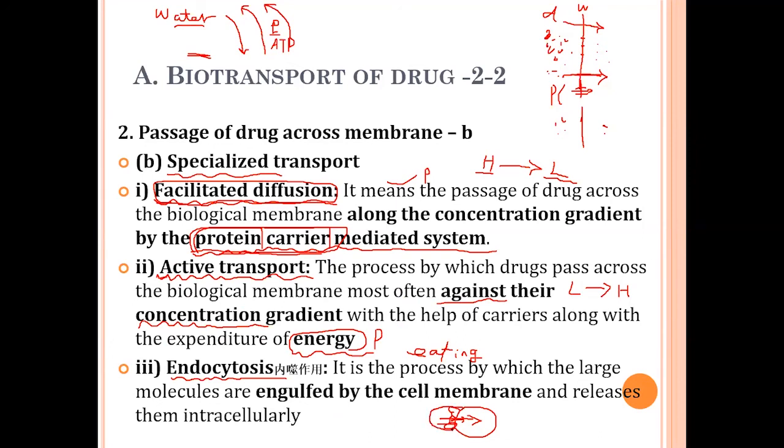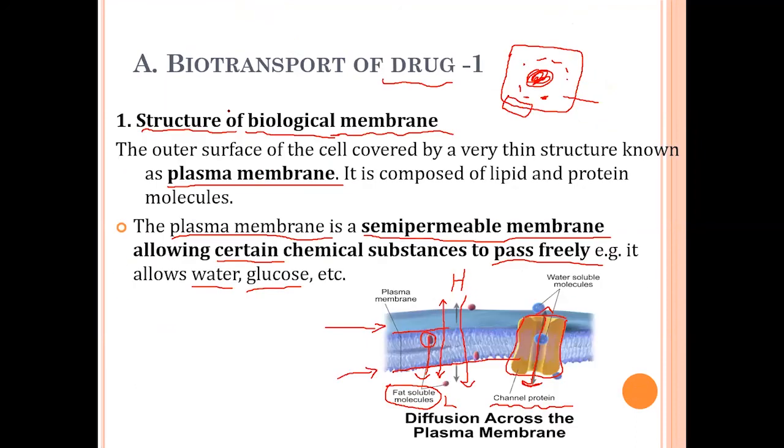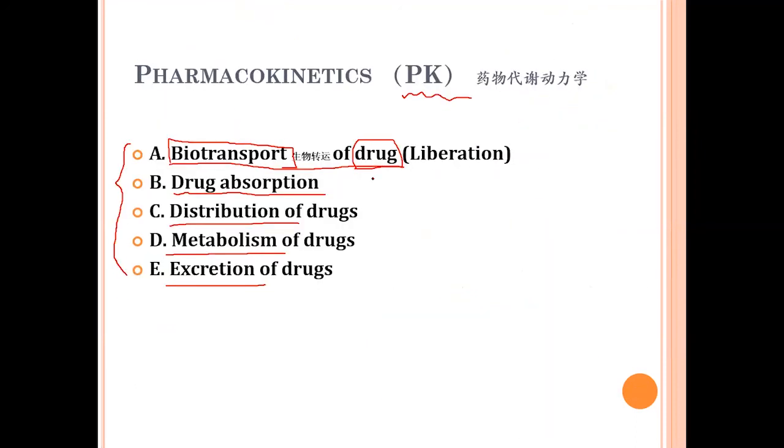That's another special way. So whatever kind of medication or drug, there are totally 5 different ways to pass through the cell membrane. So that's the first part, where we especially talked about drugs passing through the cell membrane. Any questions?